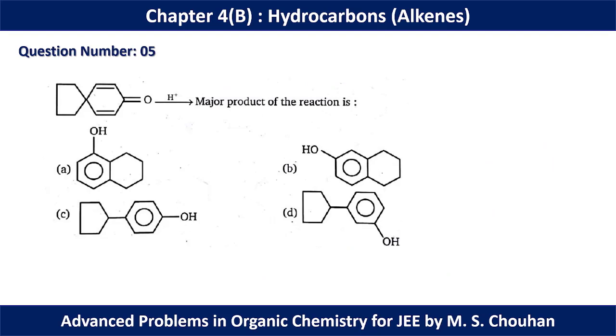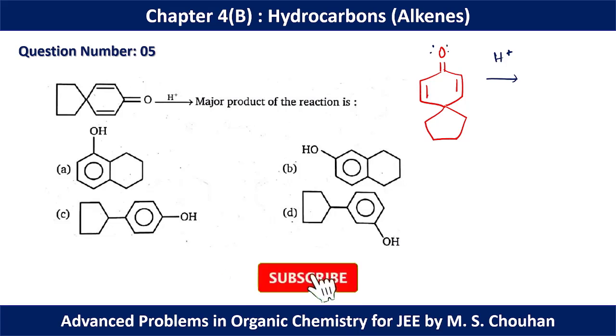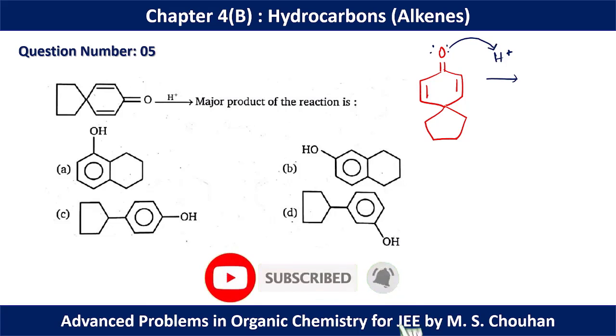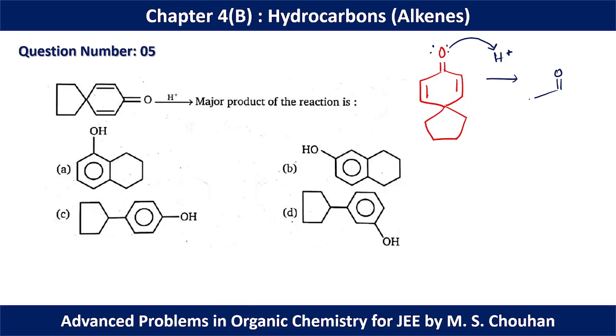In question number 5 we have this kind of situation, and we have a 5-member ring here. Now we have added acid, H plus, to the system, and these lone pairs will react with H plus. So basically we have this kind of situation.